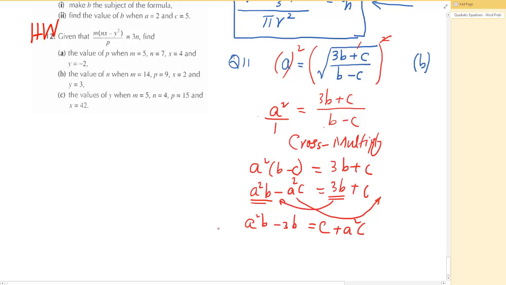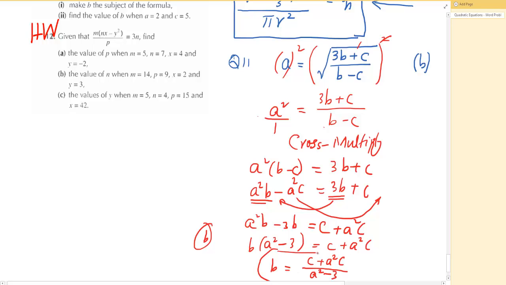Because I have to make b the subject, I will take b common, and divide like this, c plus a square c divided by a square minus 3. Now b is the subject.